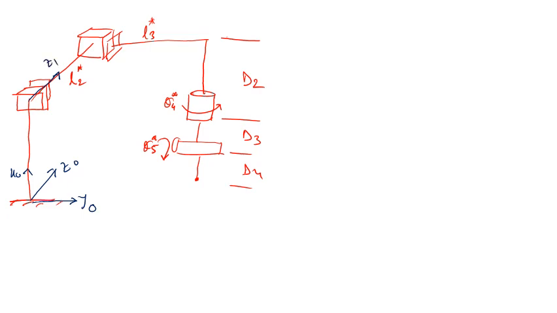So X1 should be perpendicular to both Z0 and Z1, which is the same direction as X0. And this is the Z2. We assume this Z2 in this direction. So X2 should be perpendicular to both Z2 and Z1, so it is in this direction, X2.